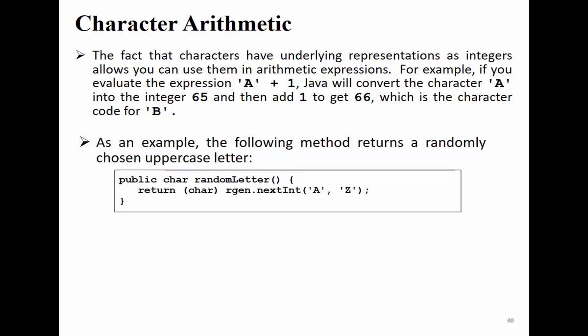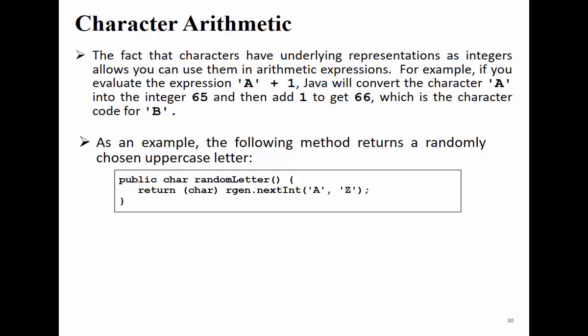So you can have random letters. It will use a random generator, nextInt, which returns an integer value between capital A and capital Z. This will return a random number.